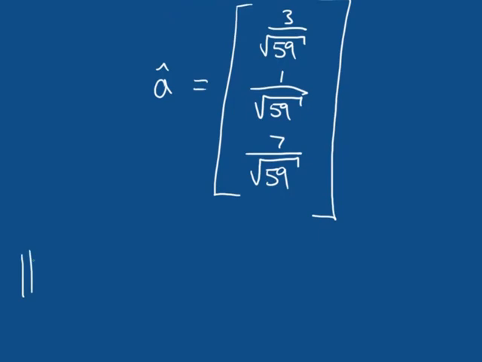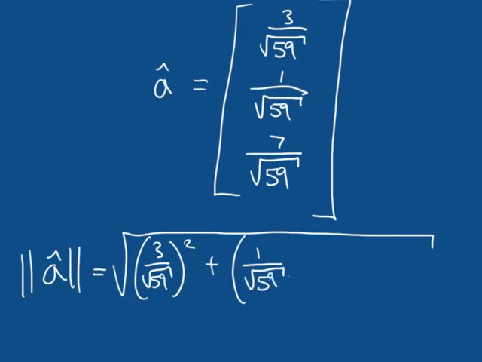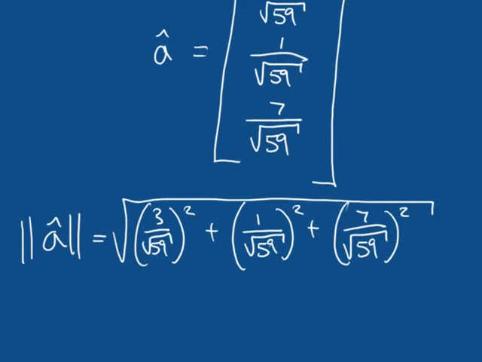So the magnitude of A hat is equal to the square root of x squared, so 3 over root 59 squared, plus y squared, so 1 over root 59 squared, plus z squared, so 7 over root 59 squared. Fantastic.